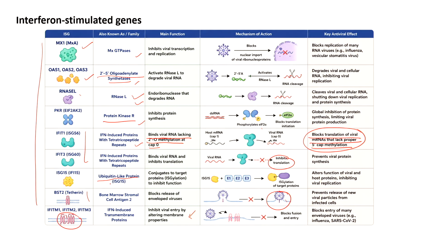We have ubiquitin-like protein, where ubiquitination is a process where, suppose you have a cell and there is a protein, and this protein is required by the cell to do some function.